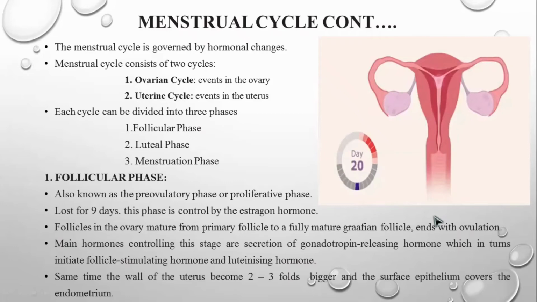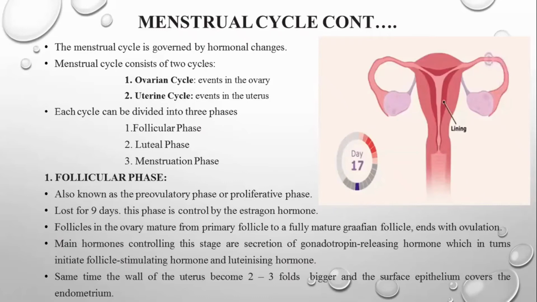Okay, let me see the follicular phase. It is also known as the pre-ovulatory phase or the proliferative phase, and it lasts for 9 days. This phase is controlled by the estrogen hormone. The hormone which plays a major role in the follicular phase is estrogen.